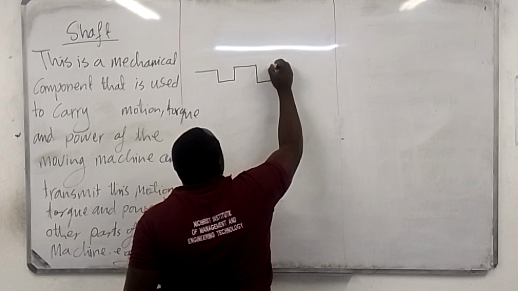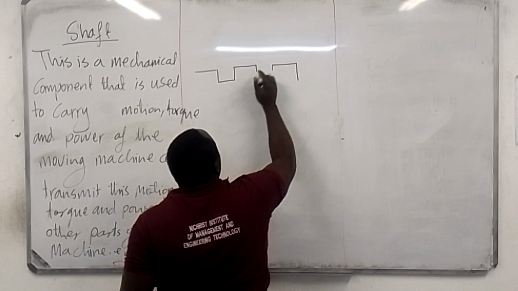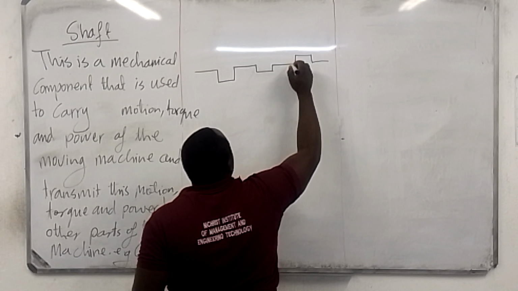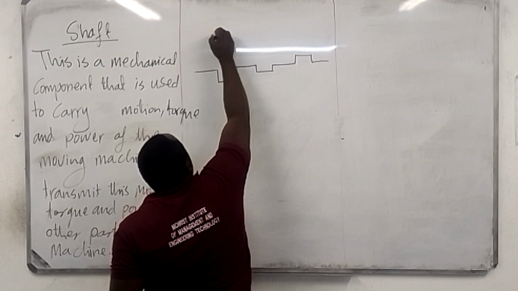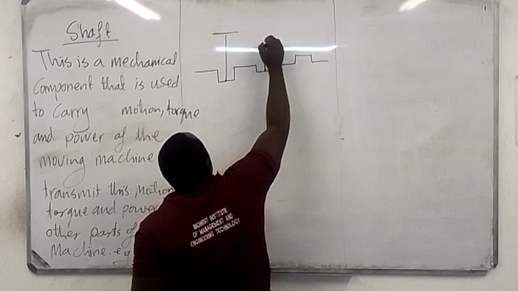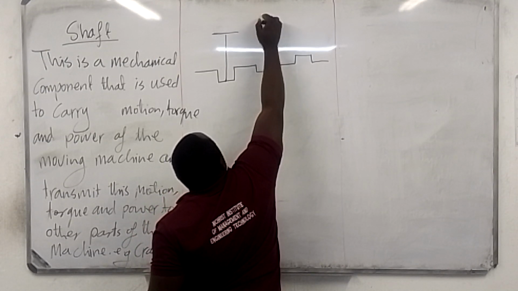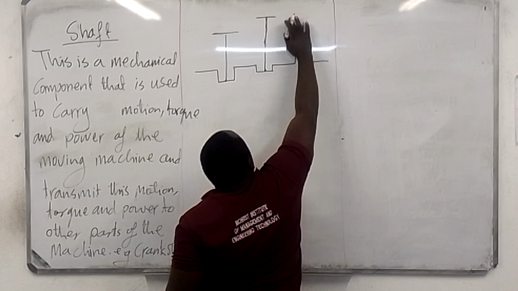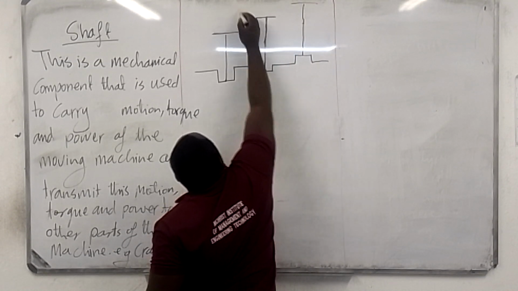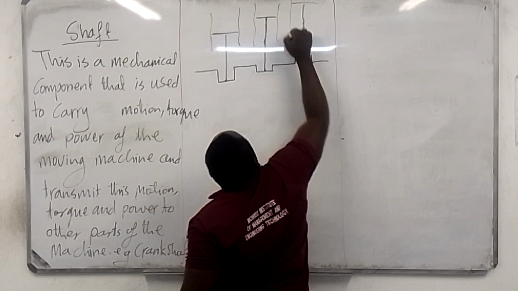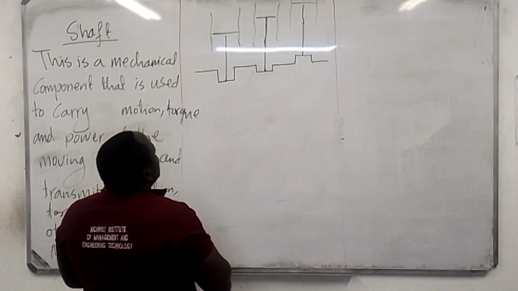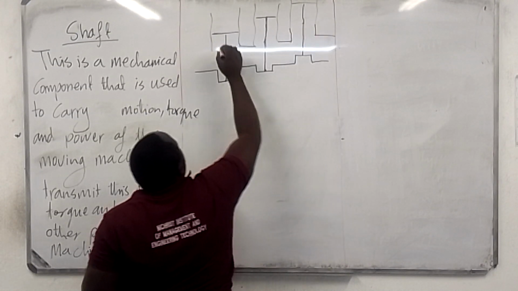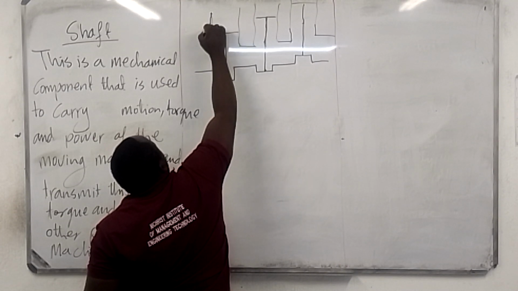I'll draw a single line. So the crankshaft transmits motion. Okay, so this moves up and down.